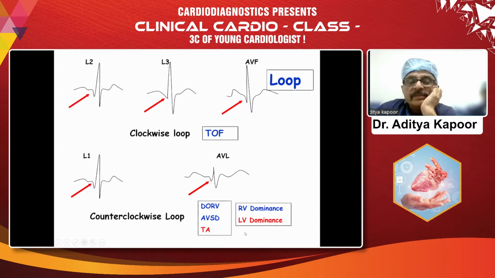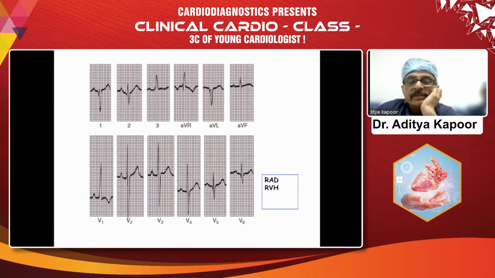Right. If you're getting a left axis deviation with no RV forces, look at L1 and the RVH. Left axis, aVF, right? Now the second ECG.